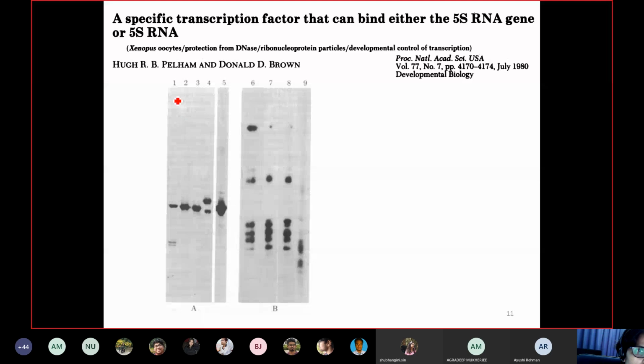Here in one lane is a control, which is creatine kinase. They have used creatine kinase because its molecular weight is around 40 kilodalton. Then in lane 2 you have purified 7S protein. From the 7S RNP complexes, you have purified protein.